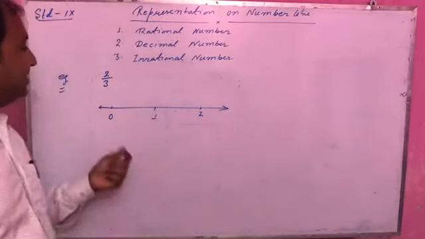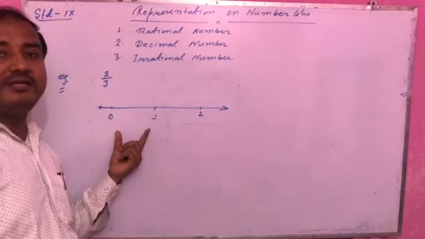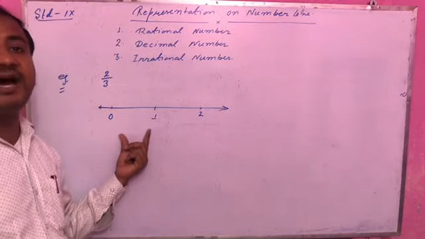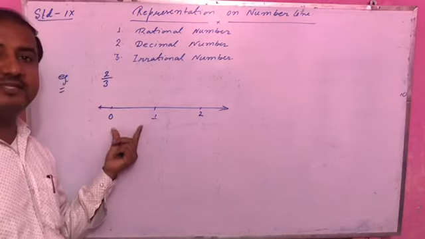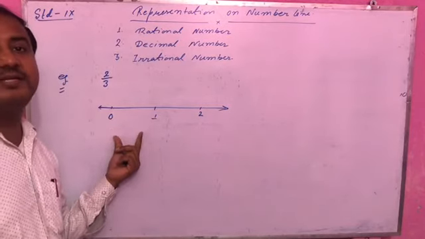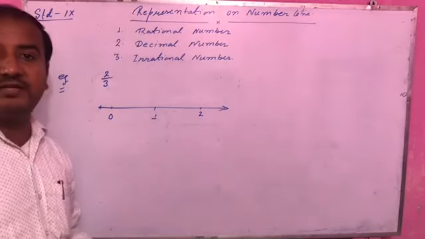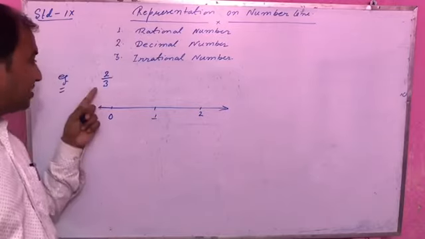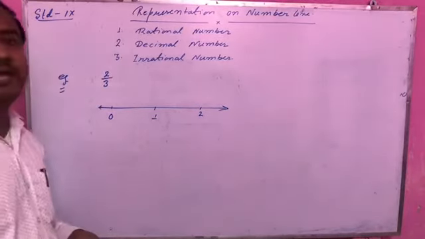As we have understood, this will lie between 0 and 1. Means the distance between 0 and 1 will be divided. In how many parts will it be divided? Whatever is the denominator of the rational, at first you will have to see.